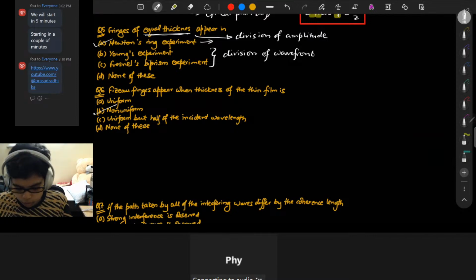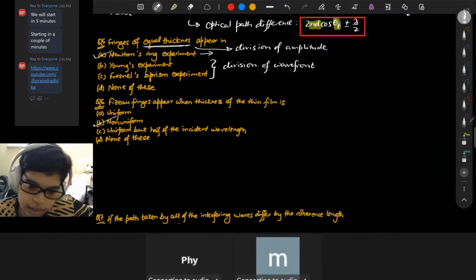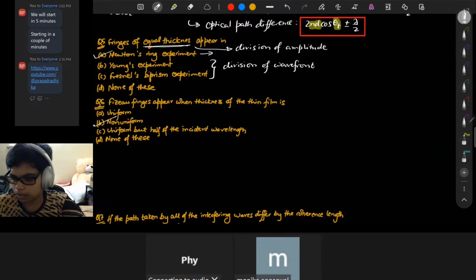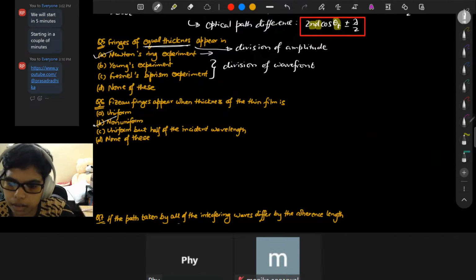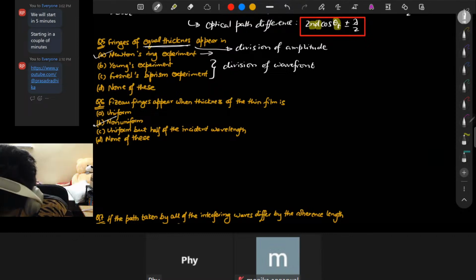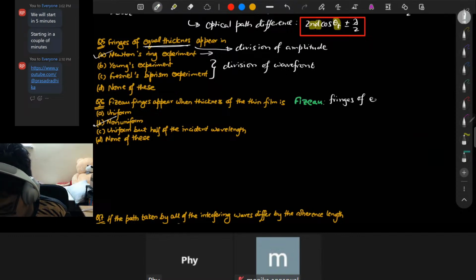Okay, so the correct answer is that Fizeau fringes appear when the thickness of the thin film is non-uniform. So let us discuss this. What do we mean by Fizeau fringes? Fizeau fringes are basically fringes of equal thickness.